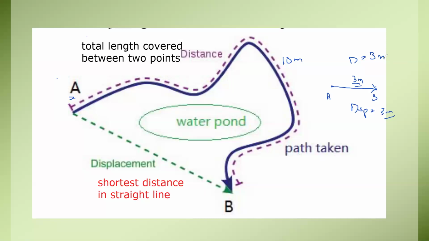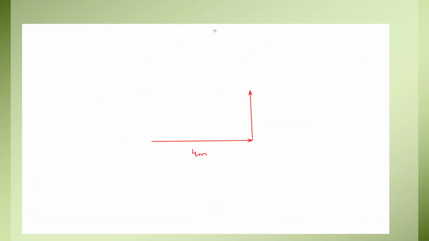But what if a person changes direction and we want to calculate the distance and displacement? Like he changed the motion, moving perpendicular to the initial direction. A person first moved 4 meters towards the right, and then he traveled 3 meters towards north, or upward.